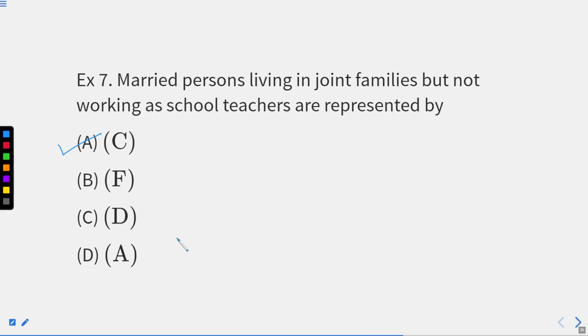I hope you find this well, because we know that married persons living in joint family are B and C, but B is someone who lives in joint family as well, right? Okay, I will reread this question. I think I have made a mistake. I'll change it, right? Married person living in joint family.